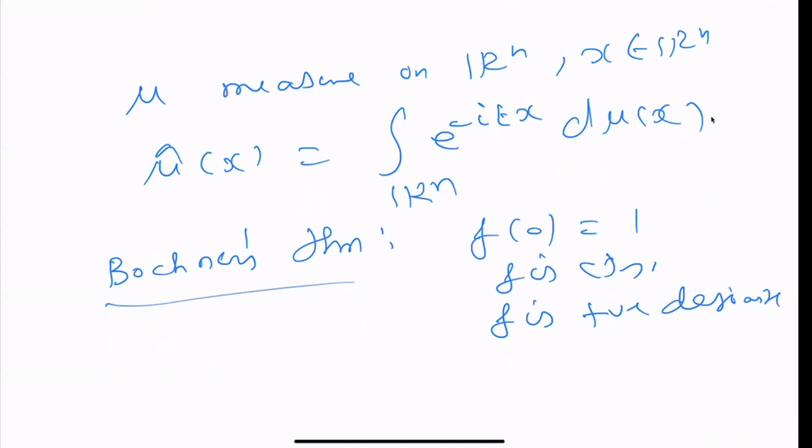So we want to get a corresponding theorem in the quantum case. Then we will work with just the characteristic function to prove all that. So that is the aim.